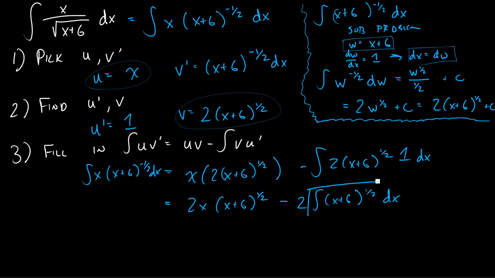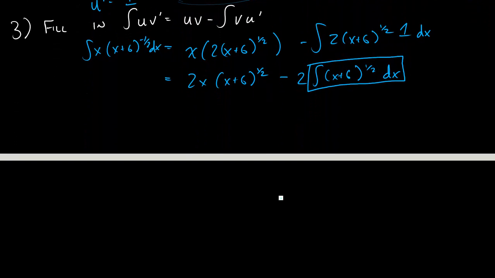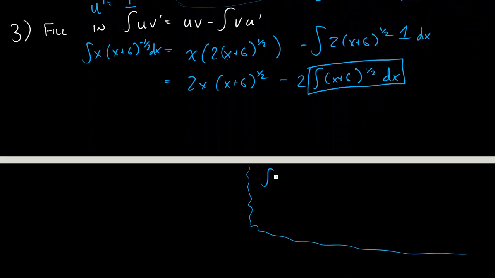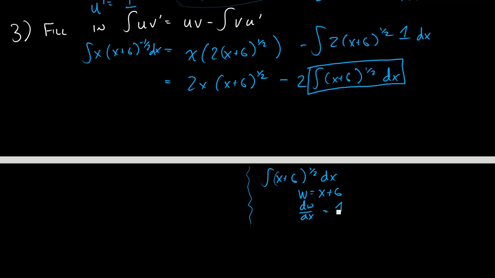So I have the integral of x plus 6 to the 1/2. I want to know what this thing is. It's going to be very similar to what I did before. So I'll have the integral of x plus 6 to the 1/2 dx. I'm going to need to do a substitution here. So I'll have w equals x plus 6, and then I'll have dw over dx equals 1, which tells me that dx is equal to dw.